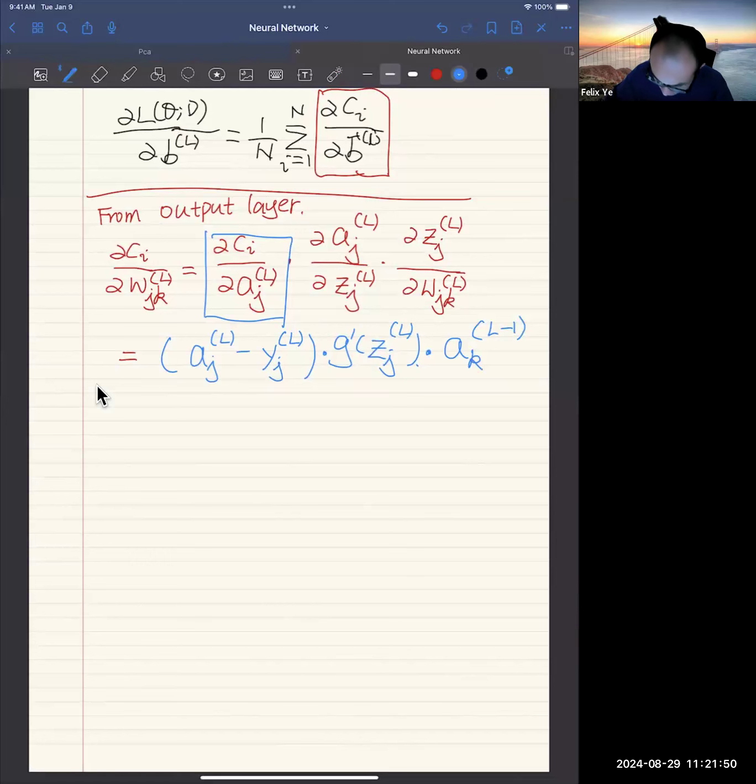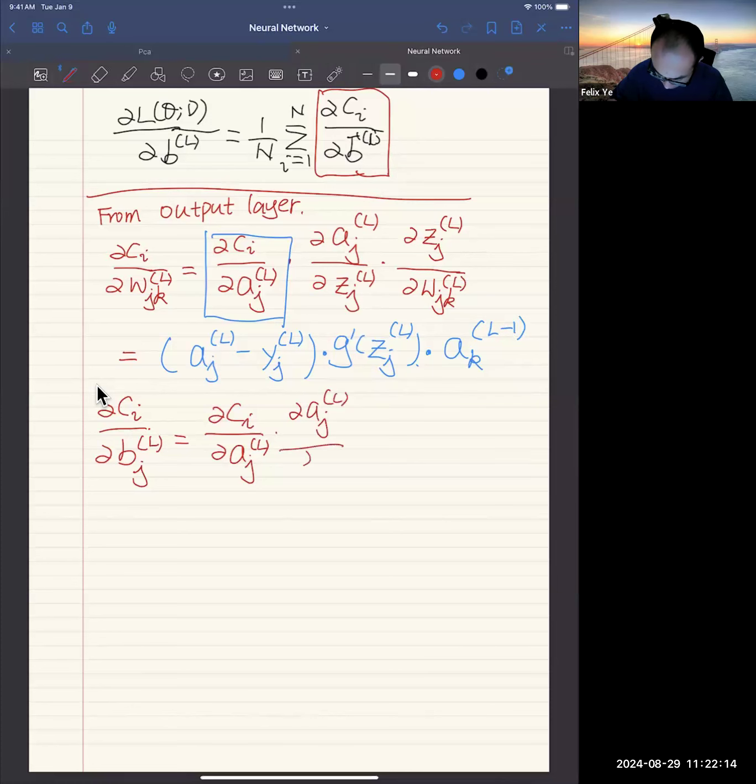You do the same thing for the bias, b_j^(L). So you take the chain rule one more time. The first two terms are exactly the same. The difference is the last term.